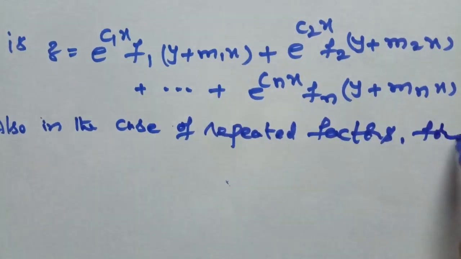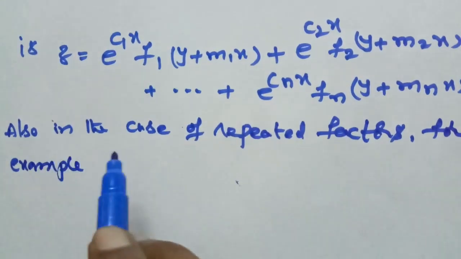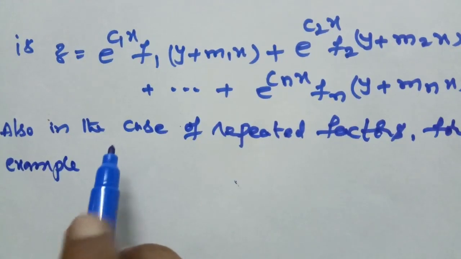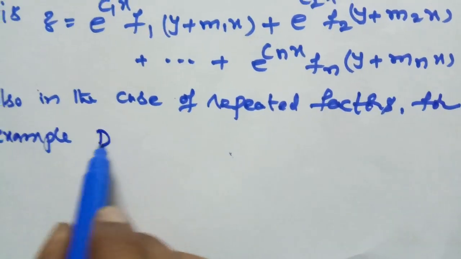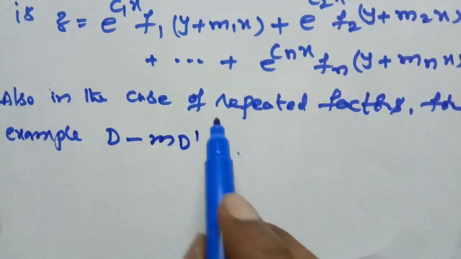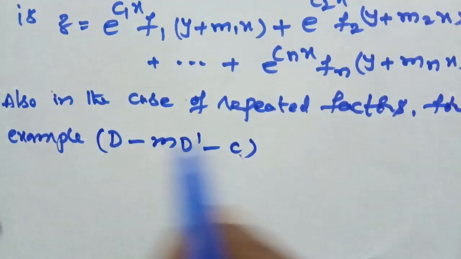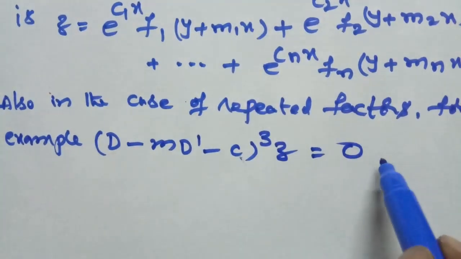For example, D minus m D dash minus c whole cube into z is equal to 0.